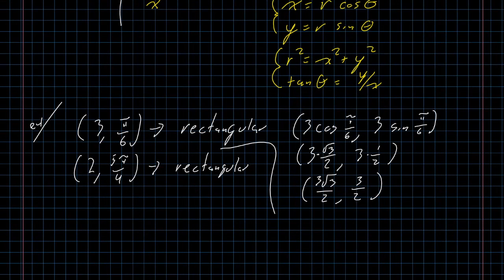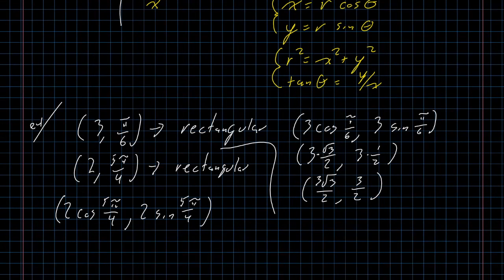Likewise, for the second point, we're going to have 2 times the cosine of 5 pi over 4, and we're going to have 2 times the sine of 5 pi over 4. Cosine of 5 pi over 4 is negative root 2 over 2.